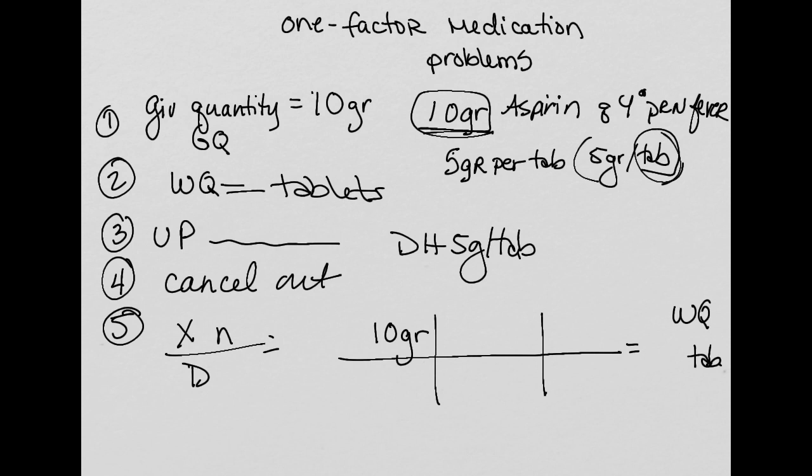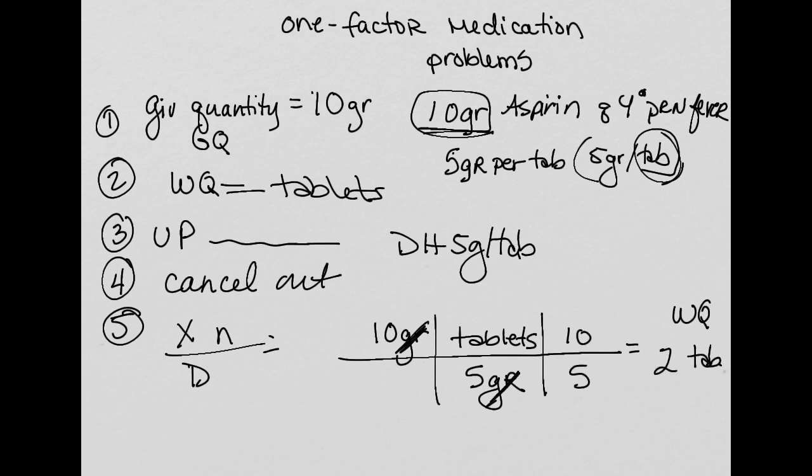All right, so right away, I need to know that 5 grains, and then we'll put tablets up here. So I can actually cross out the grains, because now I have that conversion factor already here. And that's all I really need. So what am I going to do? I'm going to have 10 divided by 5, and that's equal to 2 tablets.